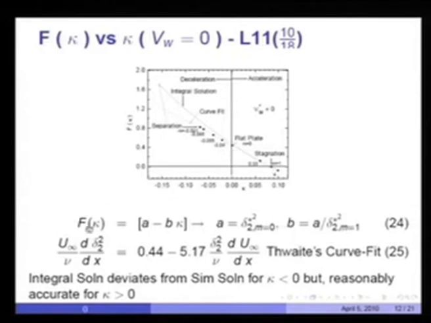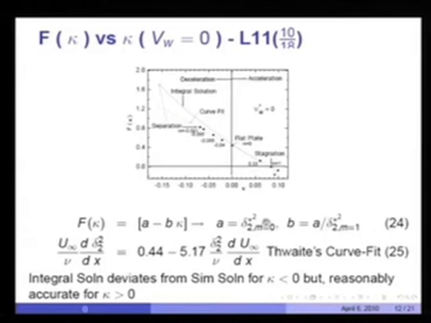It is simply f kappa equal to a minus b kappa, and the a will be the value at kappa equal to 0, and therefore, represents the flat plate solution, a equal to delta 2 star square for m equal to 0, whereas b will be simply when f k is equal to 0 or the stagnation point solution, and therefore, b will equal a divided by delta 2 star square of m equal to 1.